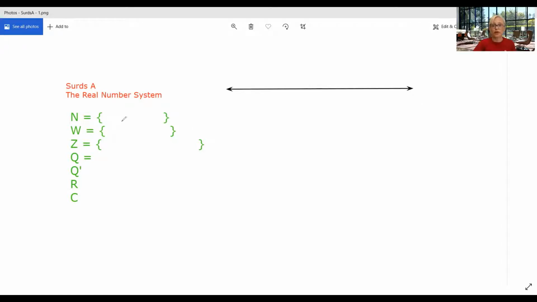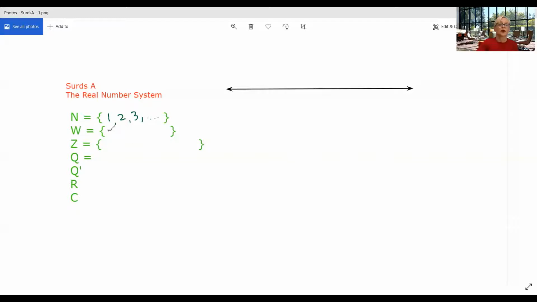Obviously, when people started using numbers, they started using counting numbers, natural numbers, so like 1, 2, 3, etc. Because the need was to count things. How many of this thing do I have? About 3 BC, the concept of zero was introduced.